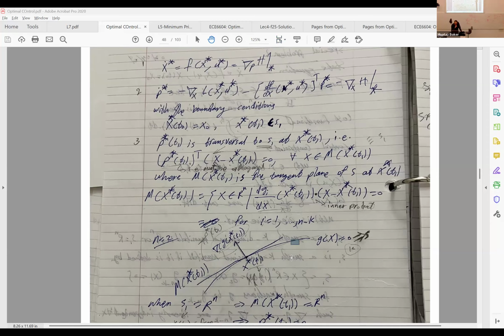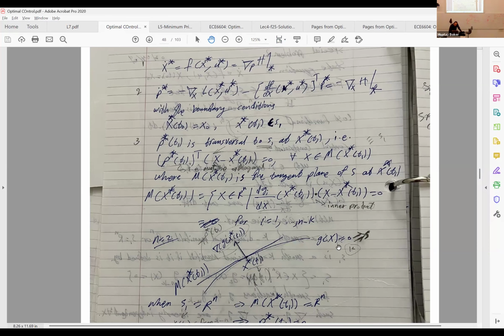Okay. So basically, this is the tangent M of x star. This is the point x star at T1. This is a function or manifold of x, right?